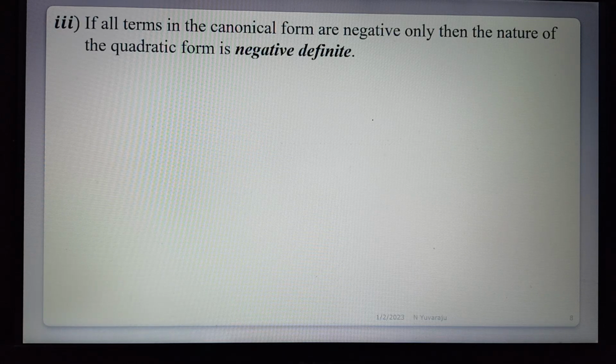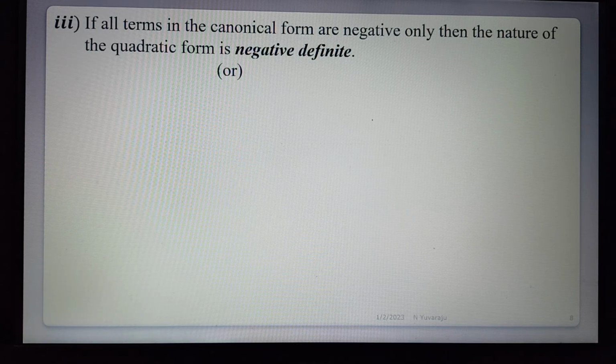So third one: if all terms in the canonical form are negative only, that is non-zero negative, then the nature of the quadratic form is negative definite.